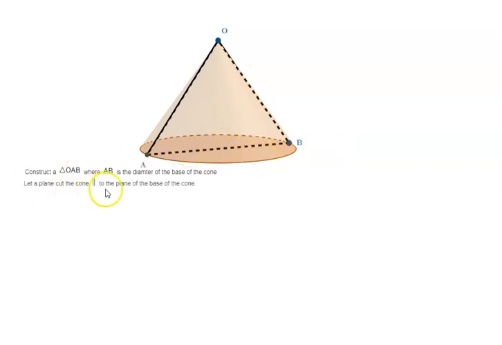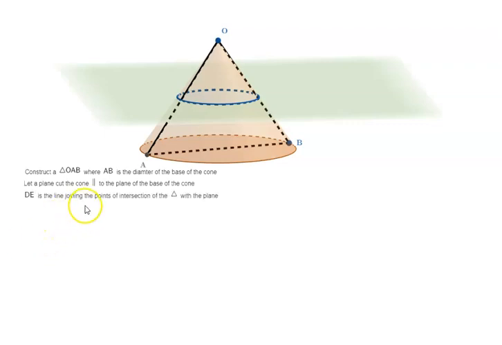Let a plane cut the cone parallel to the plane of the base of the cone. So we have to establish a plane which is parallel to the plane of the base. Here, this plane will cut this cone or intersect with this cone in a circle, and this is how it would look like.